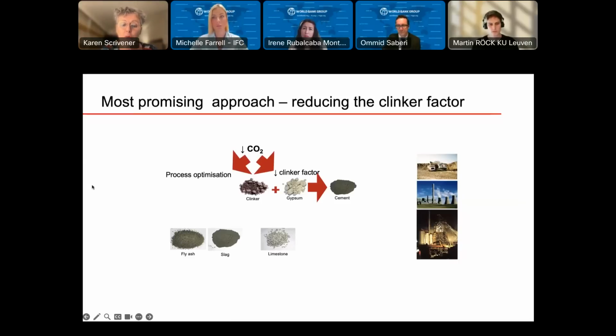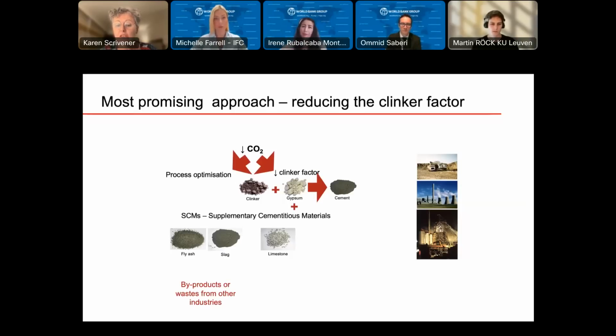Now, these two materials, fly ash and slag, come from very CO2 intensive processes themselves. And of course, burning coal to produce electricity is the number one thing we need to avoid in order to reduce CO2 emissions. So we need to look to new replacement materials such as calcined clay.